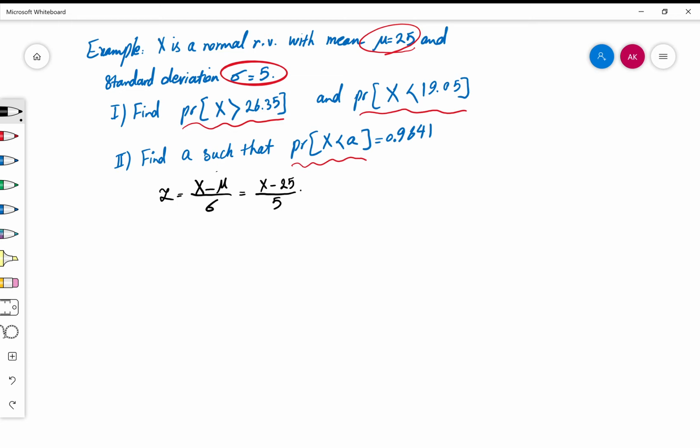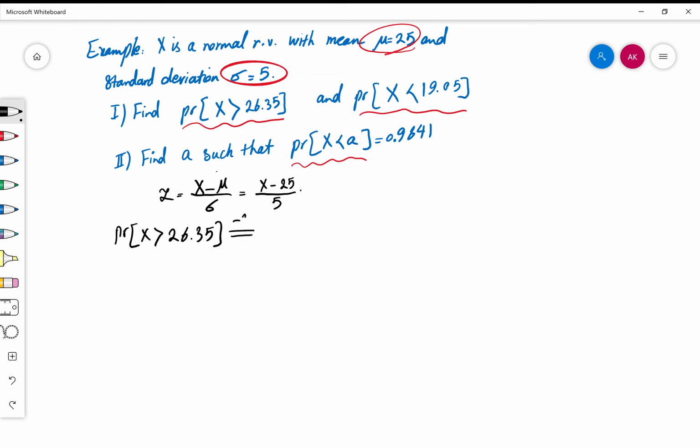Wherever you see x minus 25 over 5 in this question, you just replace it by z. Okay, so that means that I can start working on the probability of x bigger than 26.35 by turning this to x minus 25 over 5.